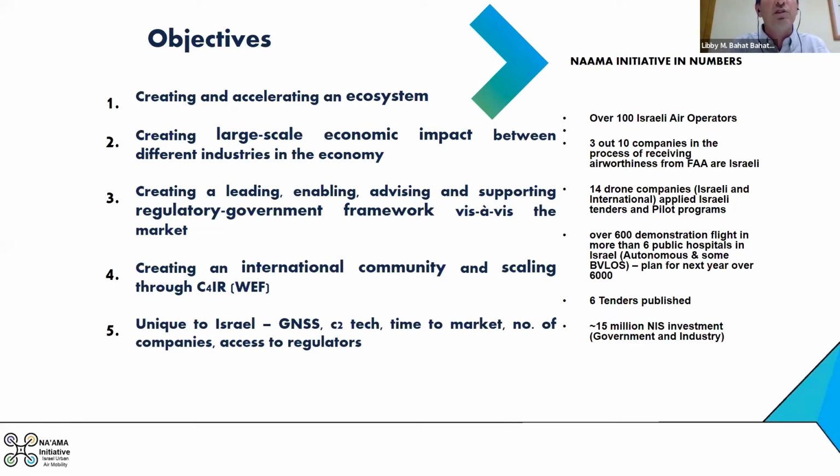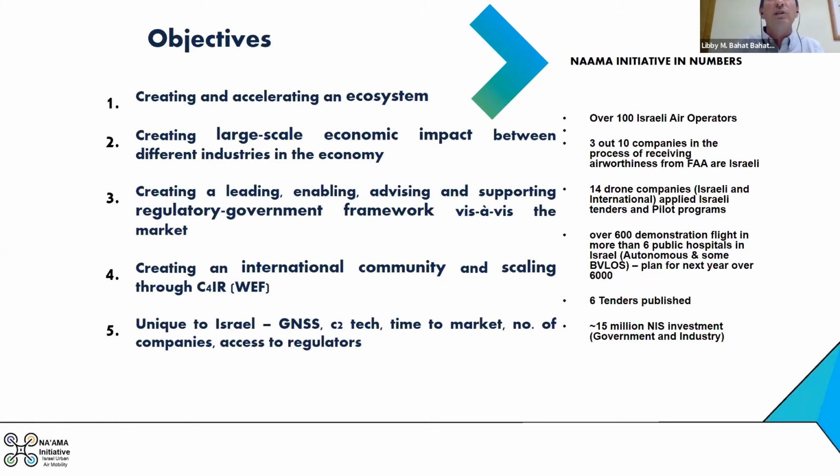Objectives, eventually, are accelerating the ecosystem, very large-scale economic impact, and a regulatory framework, again, combining the companies and the customers, looking ahead, of course, at the final market you want to build. International community, we're getting a lot of assistance from the World Economic Forum.